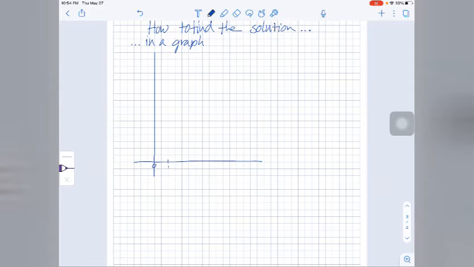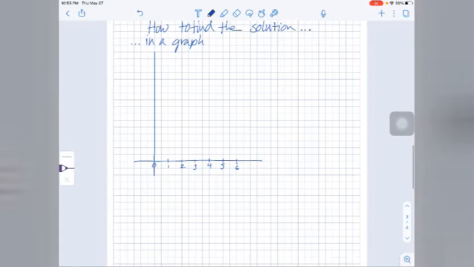It would be 0, 1, 2, 3, 4, 5, 6, 7 here. And then going up the line, it would start at 0, go 1, 2, 3, 4, 5, 6, 7, 8.